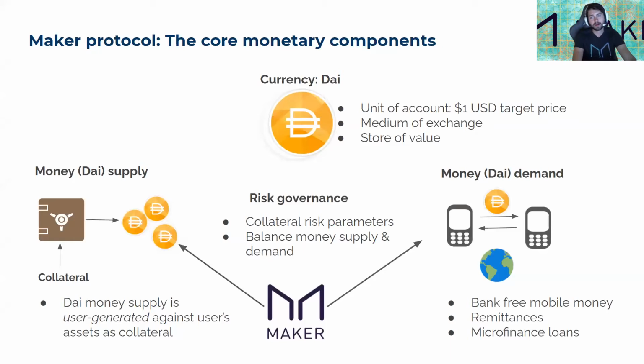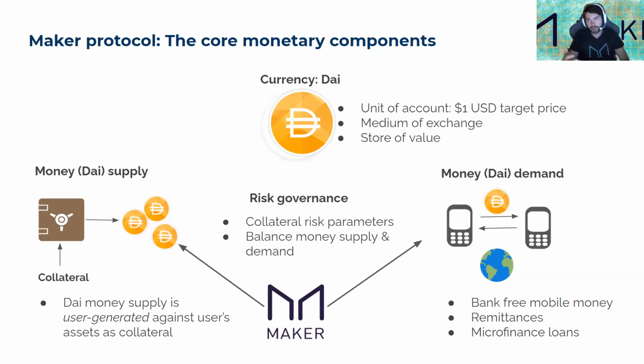In the middle of this entire system and in this complete monetary system, we have the risk governance, which is being controlled or governed by our other token, which is called the Maker token. The Maker token's primary goal is to facilitate the stability of DAI. So here they look at the different collateral types coming into the system.